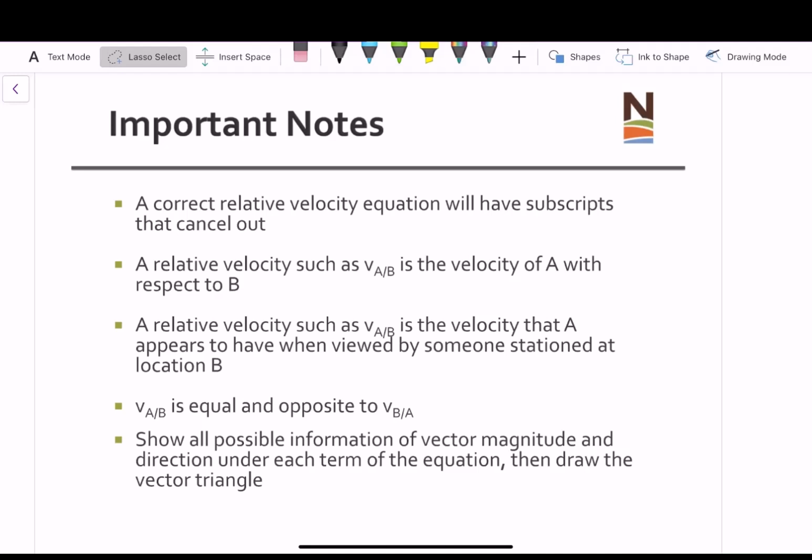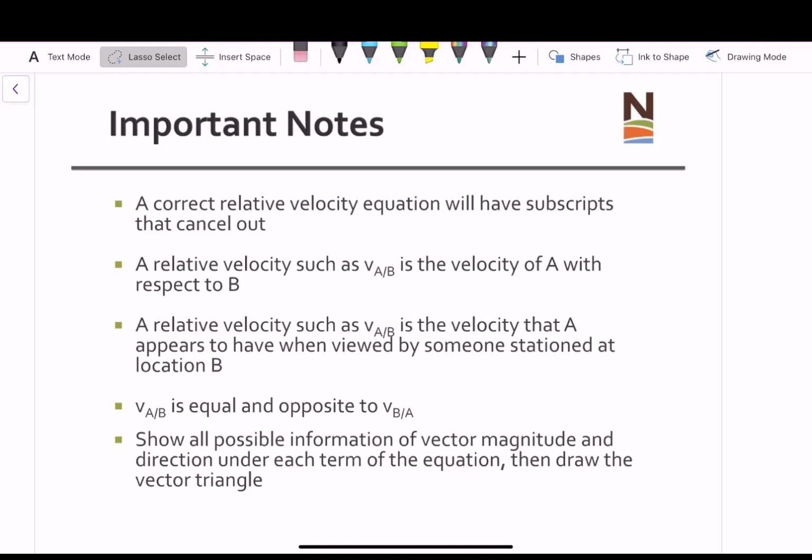A relative velocity such as VA over B is the velocity of A with respect to B. What that means brings us to our third point, which is that a velocity for VA with respect to B is the velocity that A appears to have when viewed by someone stationed at B. The velocity of A with respect to B is equal and opposite to the velocity of B with respect to A.